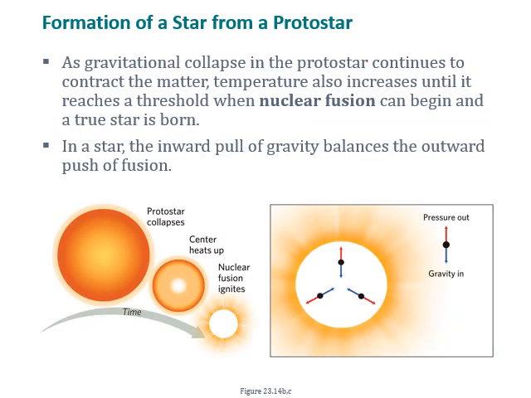As the matter continues to be squeezed or contracted in certain locations, temperatures increase in that nebula until they reach a threshold when nuclear fusion can begin and true stars are born. In a star, the inward pull of gravity balances the outward push of fusion.